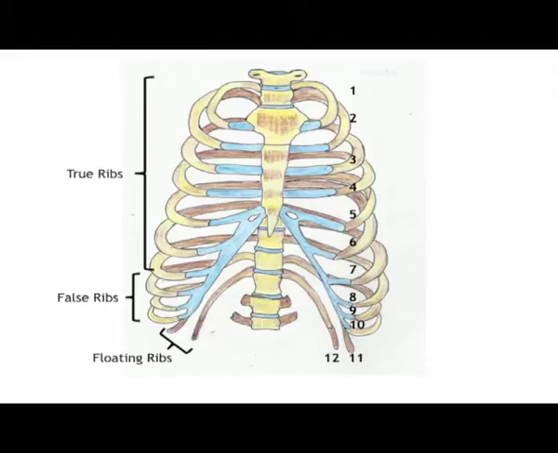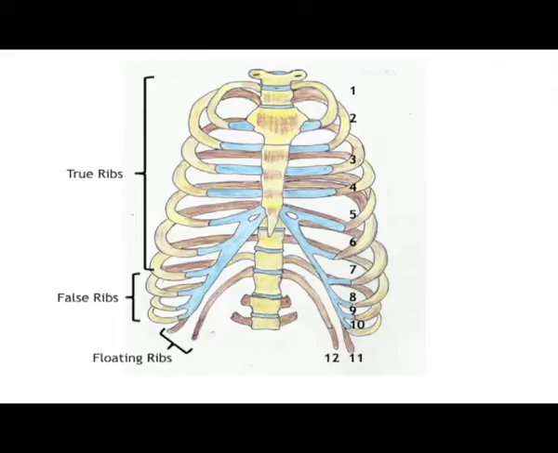While the last 2, the 11th and 12th, are floating. So just to summarize, this is very important in order to understand the framework of the chest cavity. We have all the ribs lying around the chest cavity. Some are attached, some are not attached. Accordingly, we call them true, false and floating.